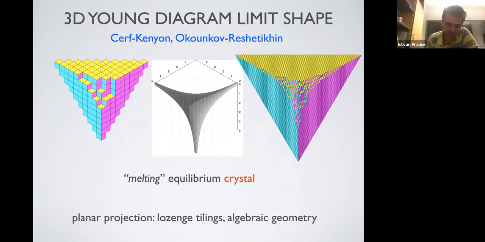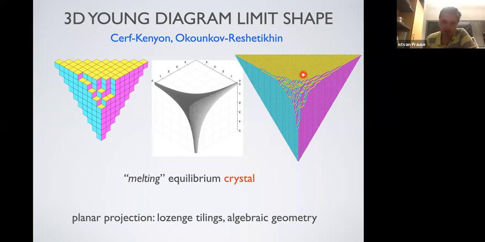So for instance, if you are only allowed to remove one single cube, we are forced to remove from the corner. So again, what we're going to do is remove more and more cubes, and at the same time rescale the picture in such a way that the missing volume is something fixed.